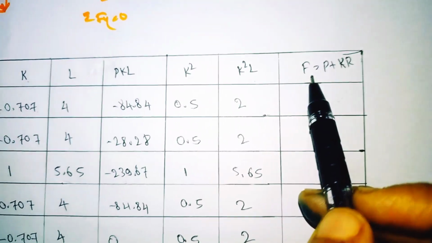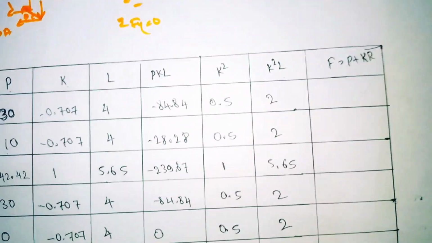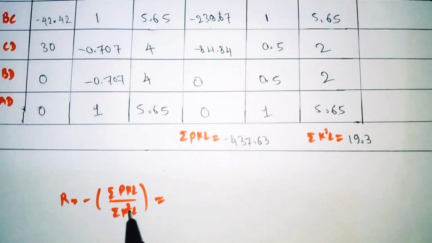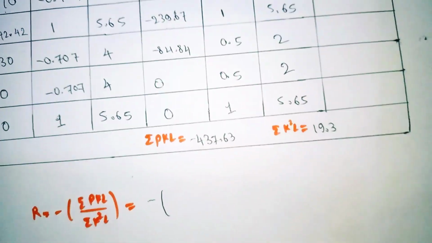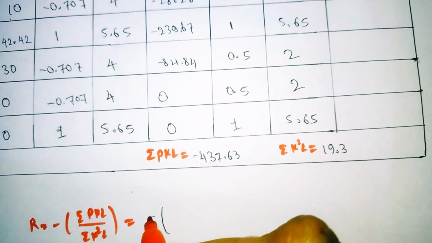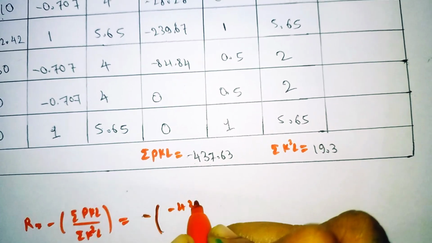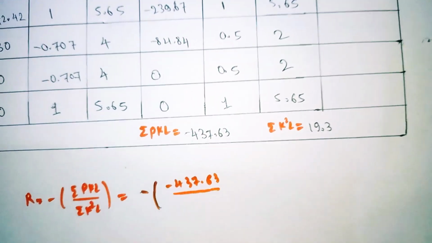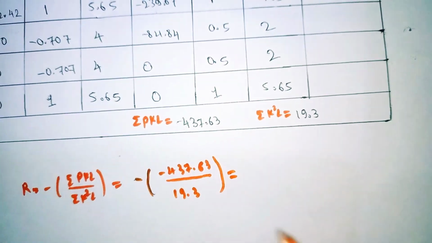So here we know the value of P and the value of K, but we don't know the value of R. For that we have one formula. R is equal to minus summation of PKL divided by summation of K square into L. So minus of summation of PKL, which is minus 437.63, divided by summation of K square L, which is 19.3.